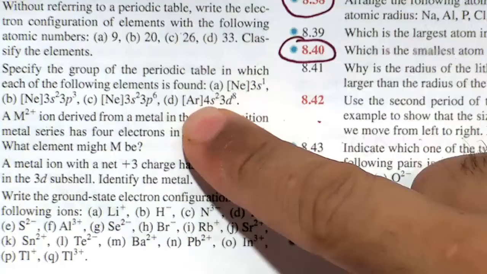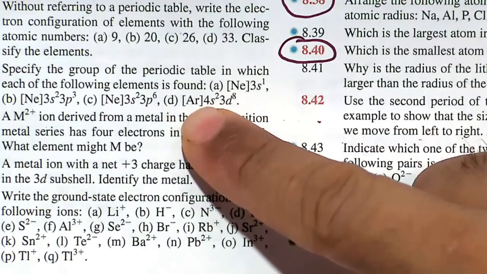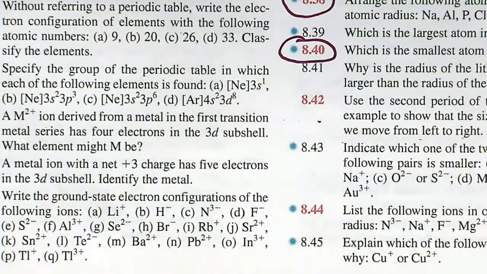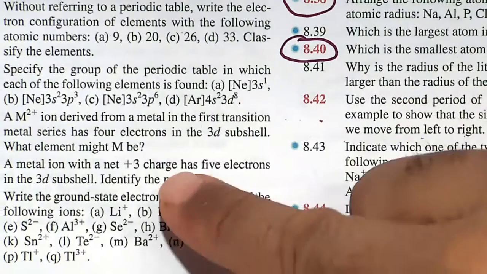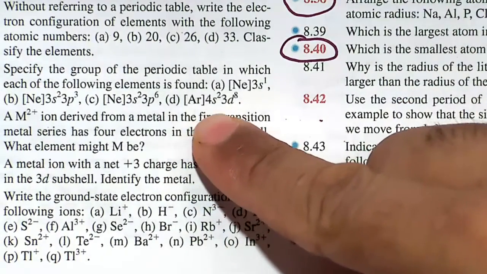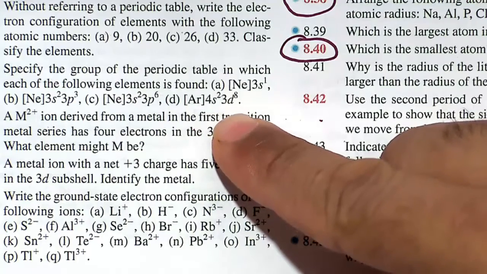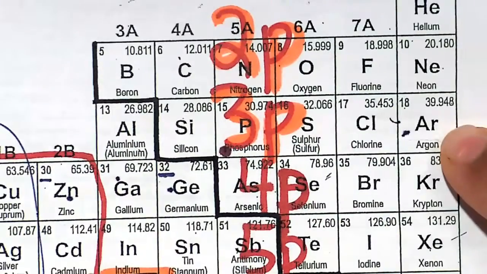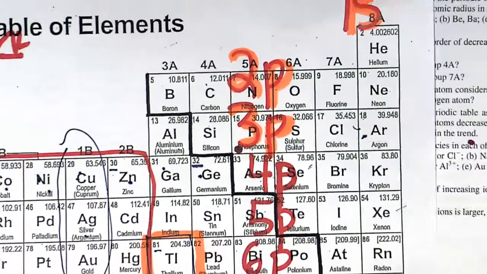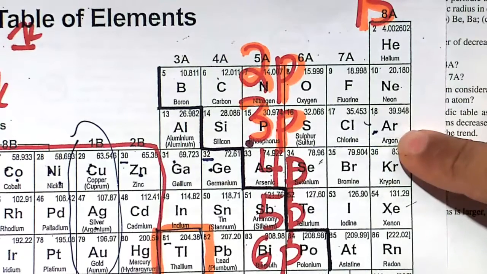Finally, we have D. We have the electrons of argon, which is 18 electrons, and then we fill up the 4s2 and go to the d block, the transition metal block, and fill up 8 electrons in the 3d orbital. The key to solving all of these electron configuration problems is knowing the order.